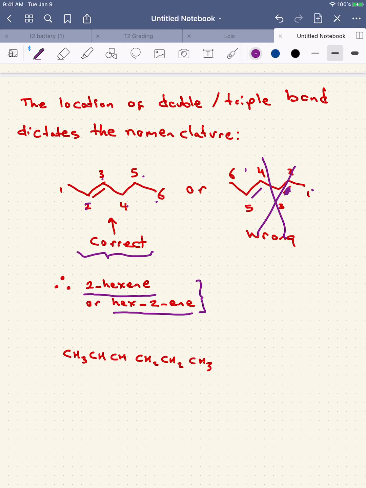And the structure is CH3, CH, CH, CH2, CH2, CH3. Pay attention to this. This is how I can locate the double bond immediately. The double bond is here, because you have to appreciate that carbon has only 4 bonds. So this is an H, and then I continue with CH2, CH2, and I end with CH3. So this is 2-hexene.